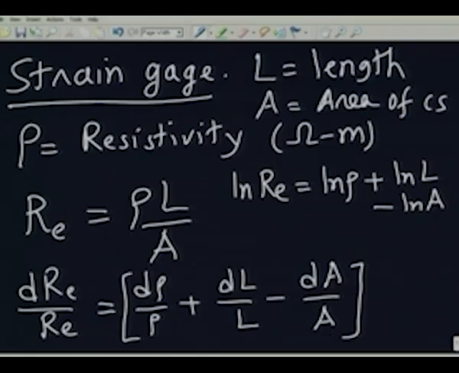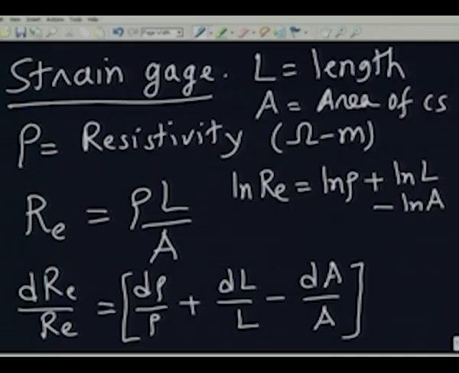So, dRe by Re is the ratio of the resistance change to the original resistance. We are treating ratios in all these equations, and the ratios are non-dimensional, that means they do not have any unit.